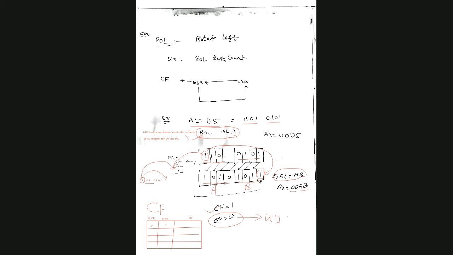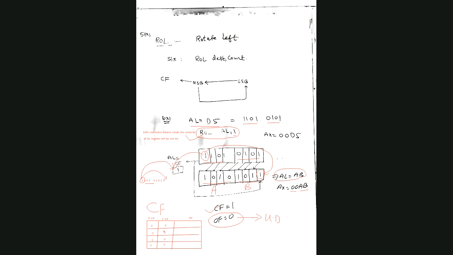If previous is 0 and current is 0, then we can say the overflow flag is 0.